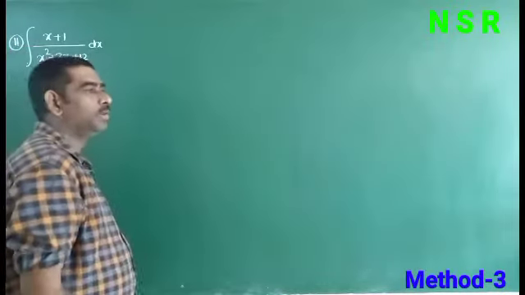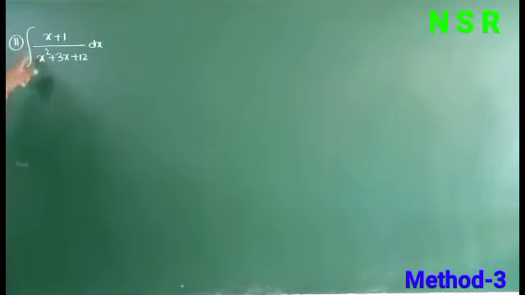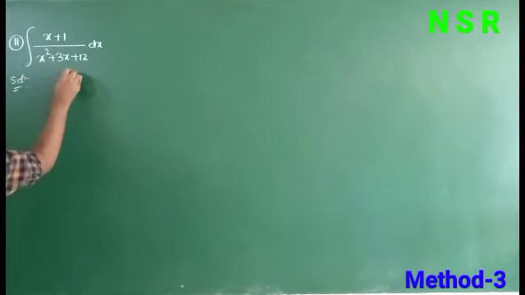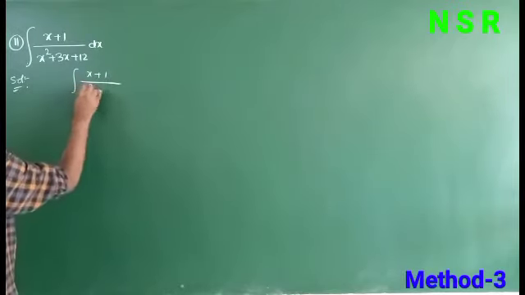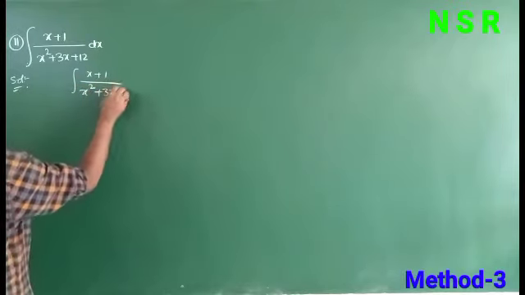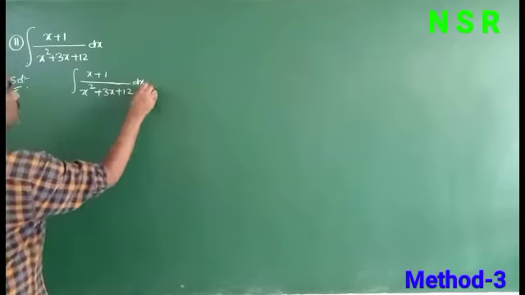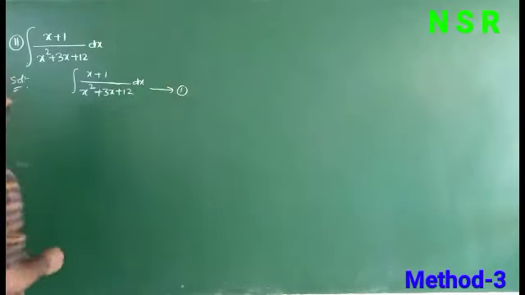Third method, question number 1. Integration of (x + 1)/(x² + 3x + 12) dx. Let us take this as equation number 1.